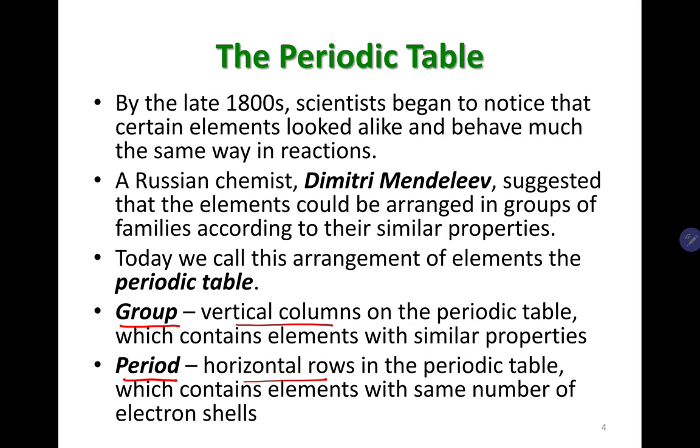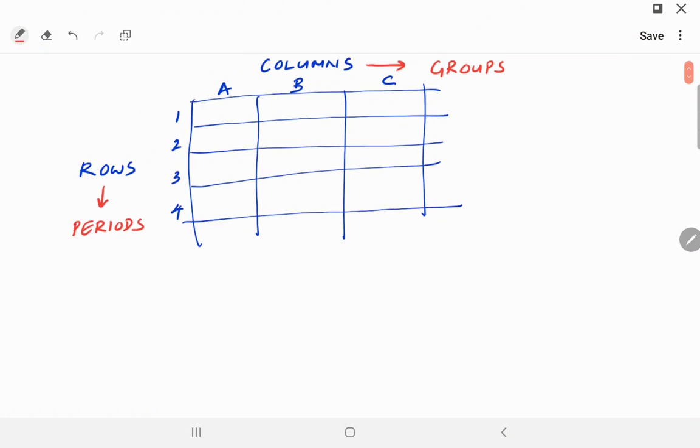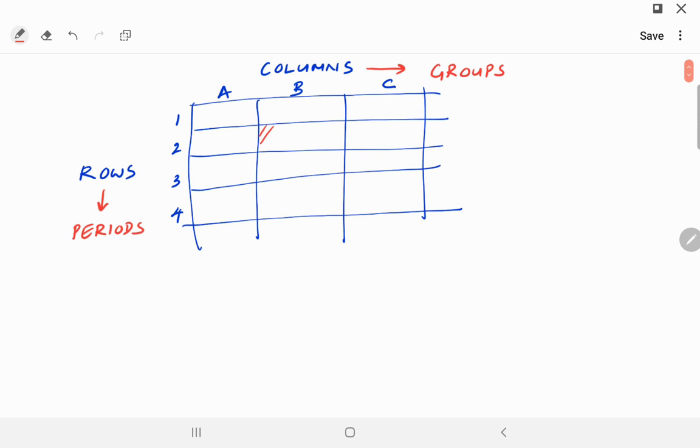So here's the thing, why do we need periods and groups? We basically need them to identify elements. Think of an Excel sheet. If you want to access a certain cell, you identify it using the column label and the row label.